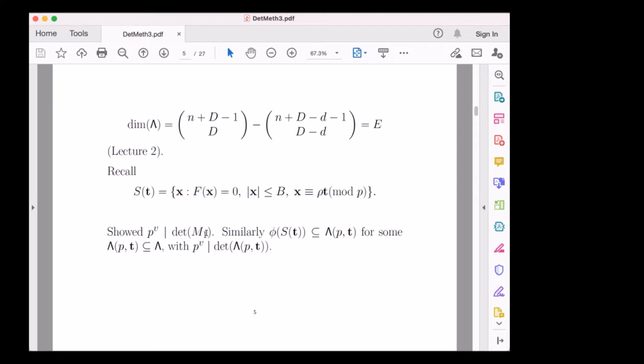And what happens by a somewhat similar argument is that when we map S_t under this Kth power map, we end up in a sublattice of lambda defined by various congruences modulo p.